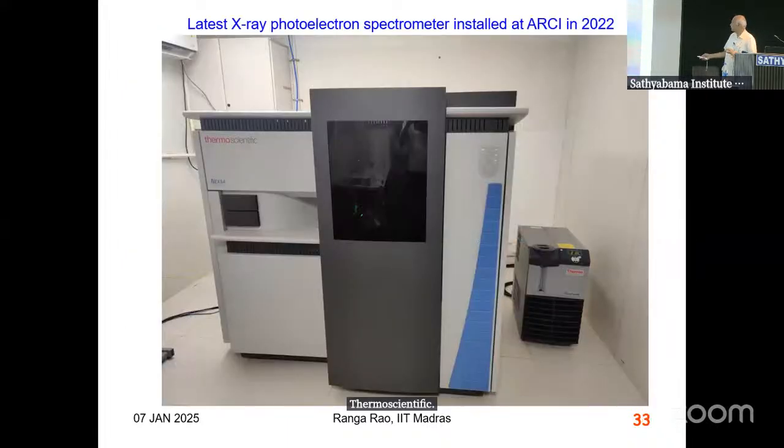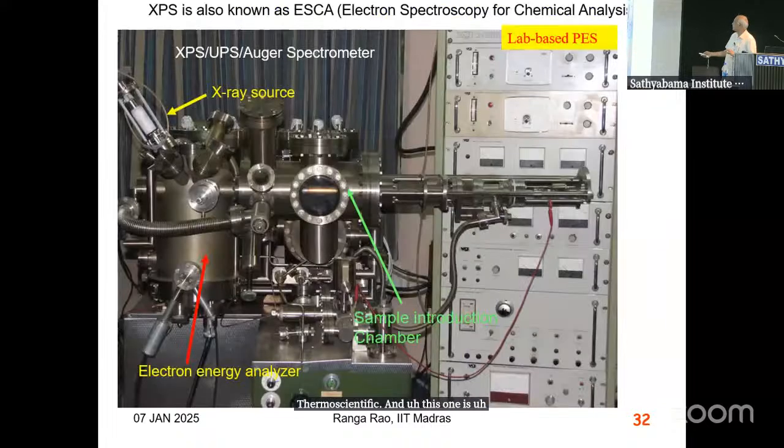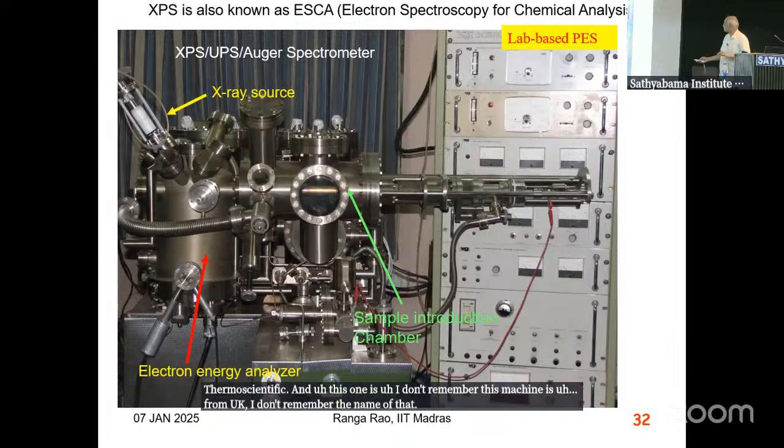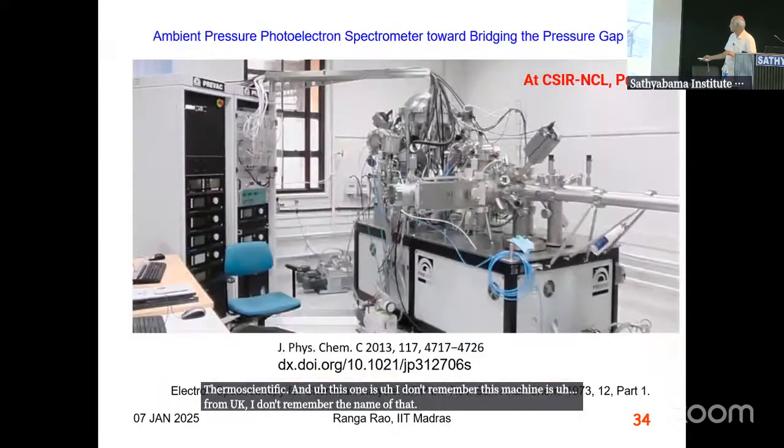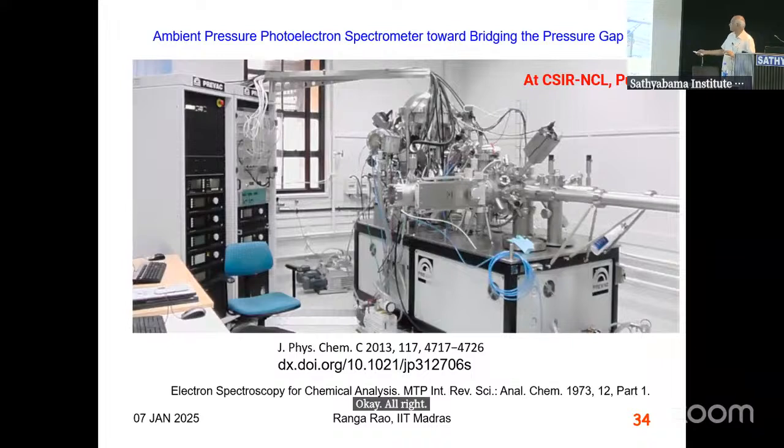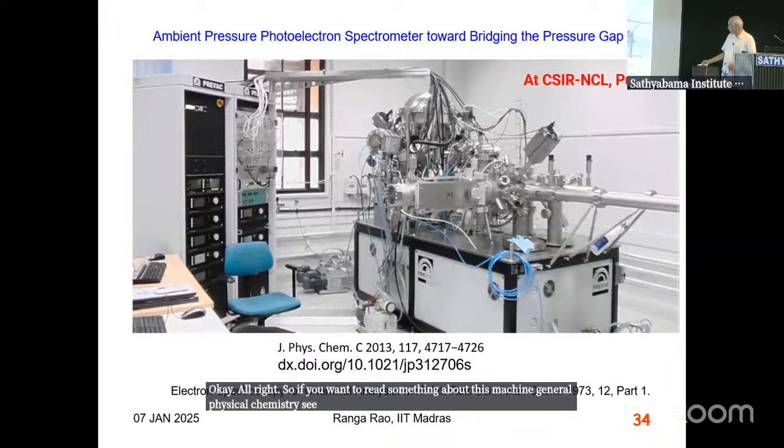And this one, I don't remember the name, is from the UK. If you want to read something about this machine, see Journal of Physical Chemistry C, 2013, volume 117. You can go read that. It is published there.